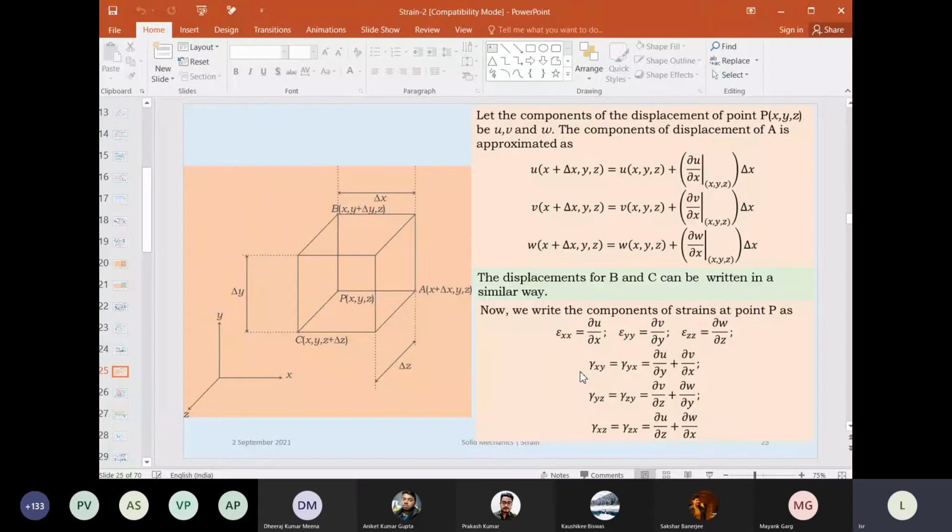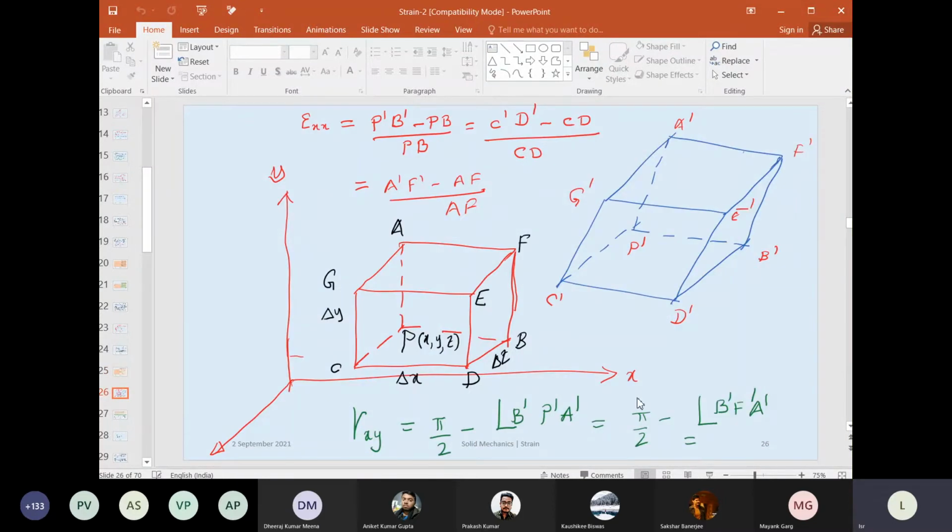So you will have dou u by dou y plus dou v by dou x, and similarly I can write the other two shear strains also. It is very simple, so I will not go into detail.